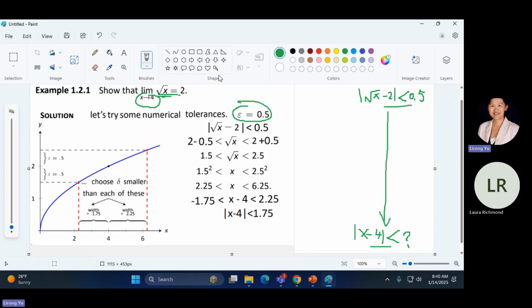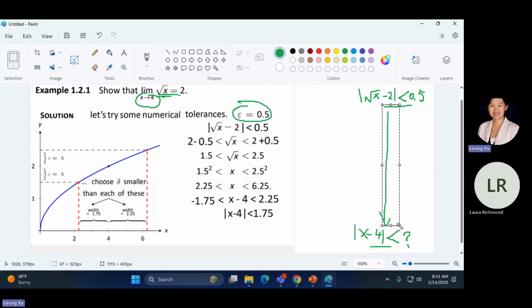We're going to go back and explain how we go from here to here. So the process really is trying to unwrap the whole inequality. What you see here is how we decompose the entire inequality. That is, we're trying to get x by itself. And then once x is by itself, we subtract 4, and then we will find the appropriate boundary for x minus 4. So we're going to start from here, and the whole process feels like solving an inequality.